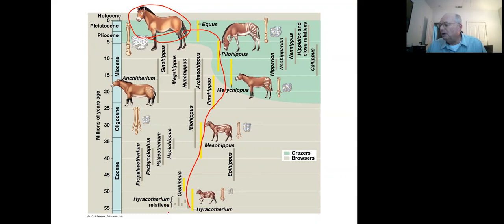The large flightless predatory birds that dominated the landscape for about 10 million years after the end Cretaceous extinction.